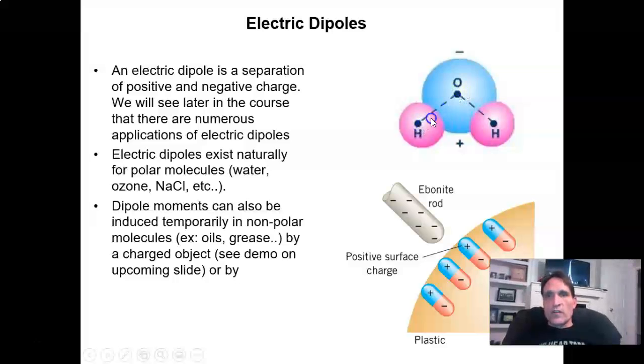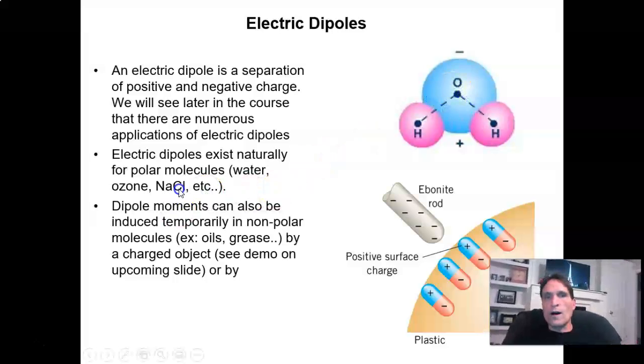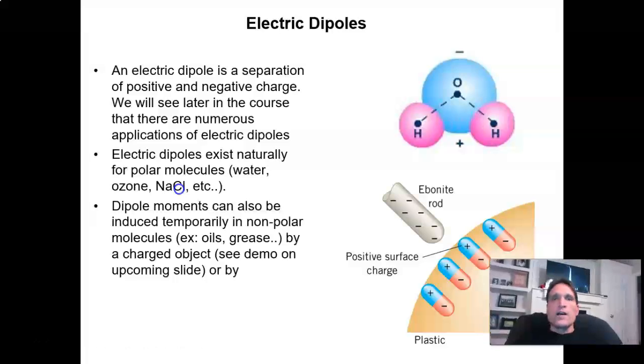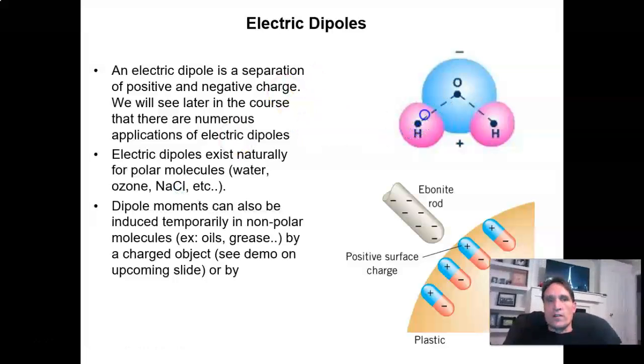And so you get this separation of positive and negative charge where there's more positive charge near the hydrogen atoms and more negative charge near the oxygen atom, and that creates a separation of charge called an electric dipole. These polar molecules, like sodium chloride, table salt, or water, or ozone, naturally have a separation of charge called a dipole moment.